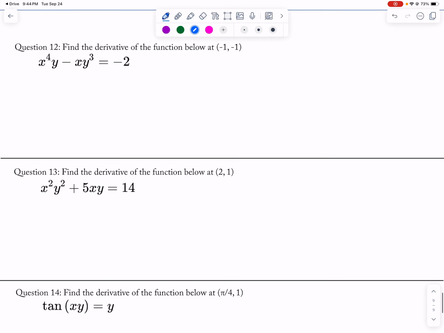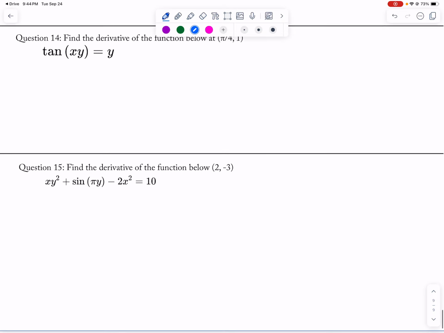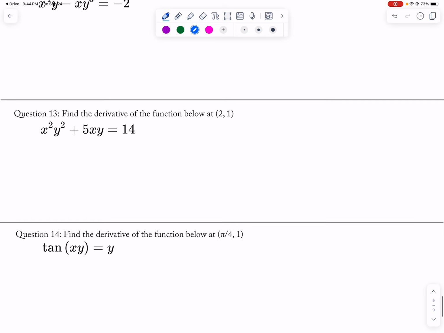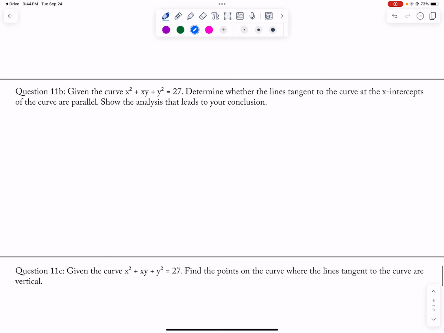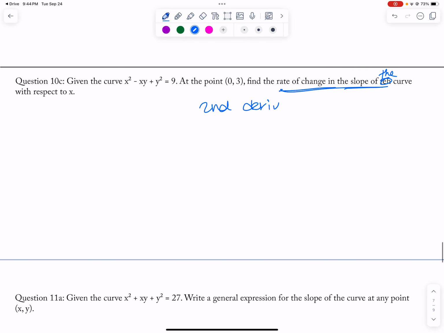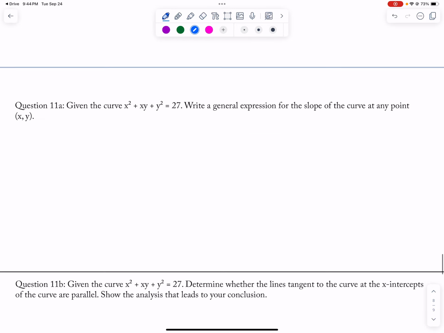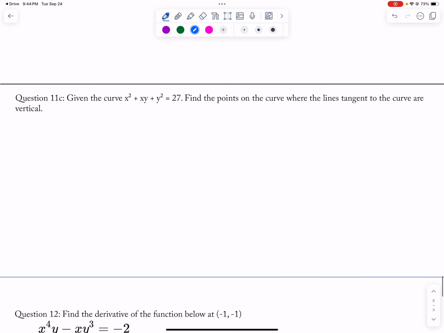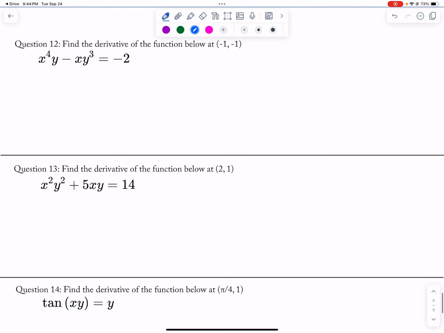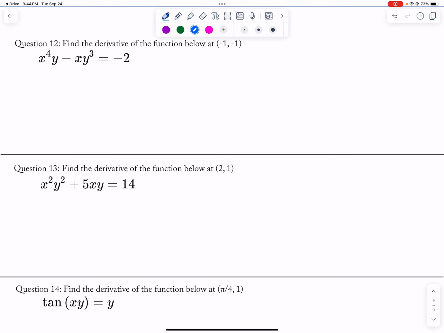And then we've got a bunch of these that are at the end here. I didn't do 11 or 10 because I wanted you guys to try those, these are actual free response questions. So it's really good for you guys to try those on your own, just with a little bit of hints here. So find the derivative at negative 1, 1.